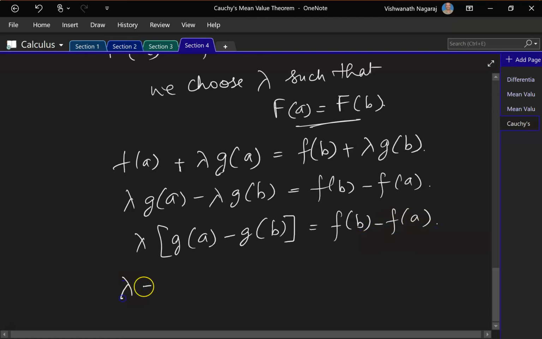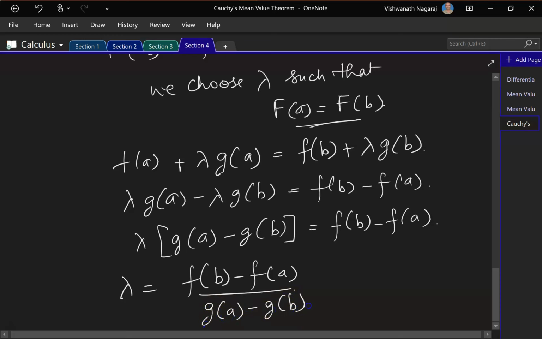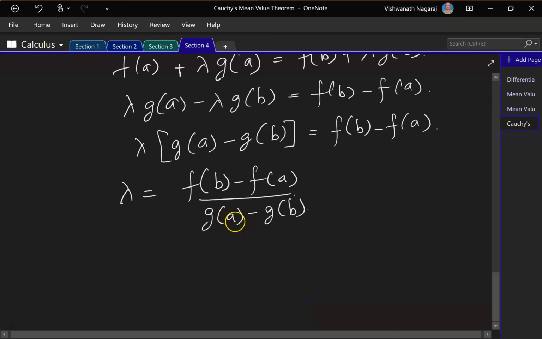Okay, so lambda is equal to f of b minus f of a divided by g of a minus g of b. But we want the denominator also as g of b minus g of a. So let's reverse that.